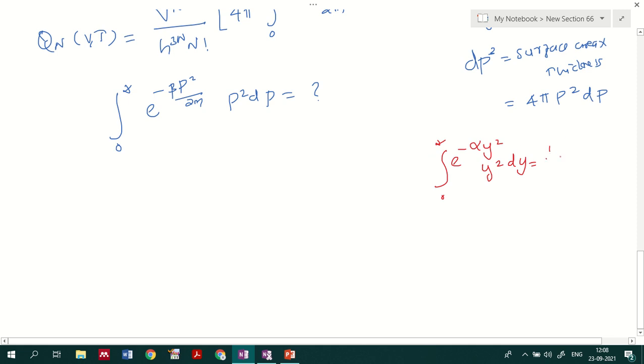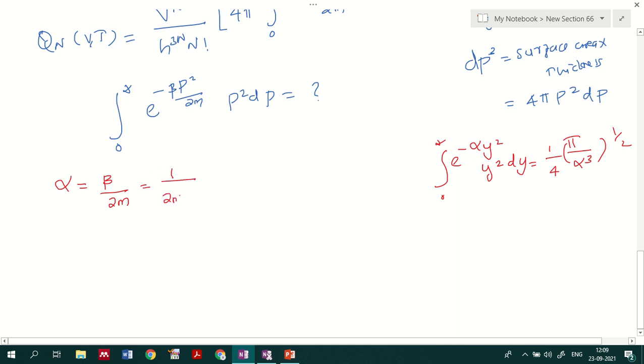The corresponding solution will be 1 by 4 times pi by lambda cubed, raised to 1 by 2. In this situation we know that lambda is equal to beta by 2m, and we know that beta is 1 by kT.